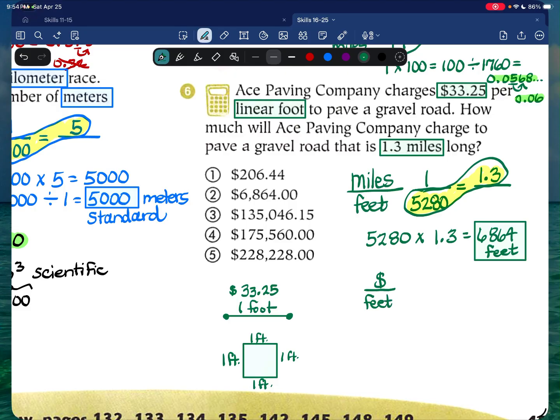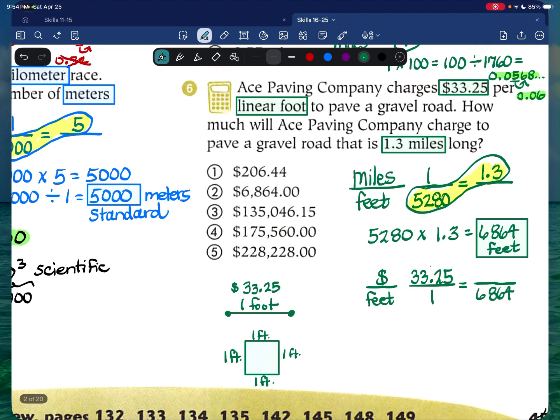And we know that they charge $33.25 for 1 linear foot. And this road is 6,864 feet long. So you would draw the peanut and multiply what's in there using your calculator.